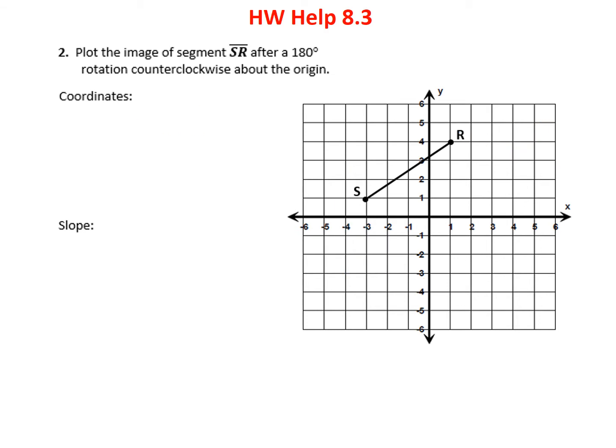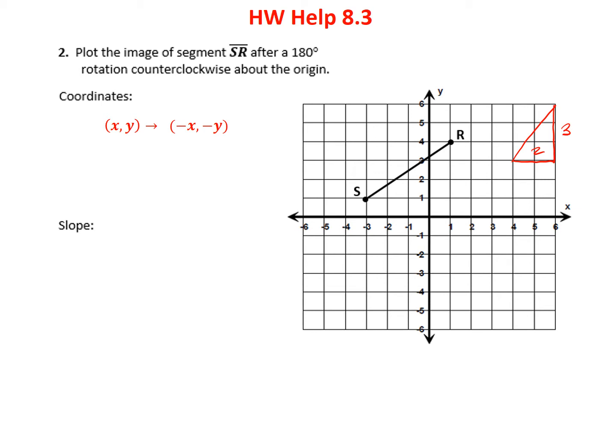All right, so this one asks us to plot this segment after a 180-degree rotation clockwise around the origin. Once again, our rule for that is (x, y) becomes (-x, -y). If I tried to show you that graphically, it would look something like this. If I draw a little triangle here, notice it goes over 2 and up 3.